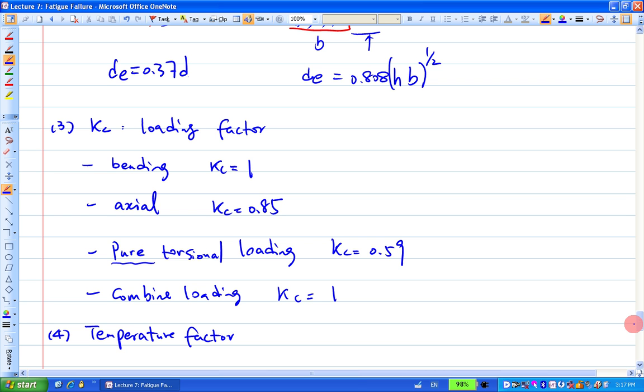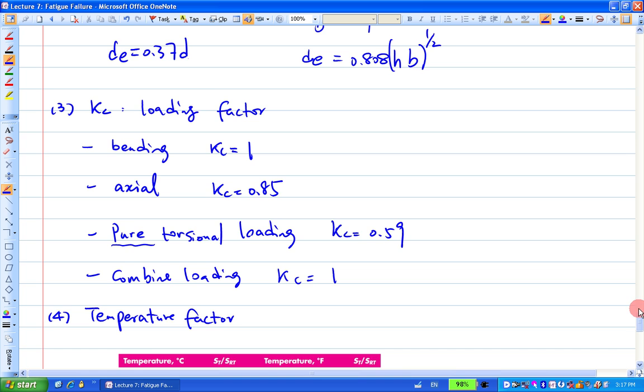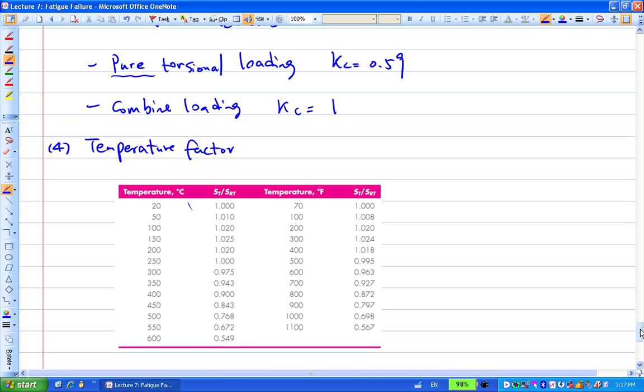For the temperature factor, Kd, you have to look up the table, which is Table 6-4. When you use this table, you have to be careful. There are two columns: one is degrees Celsius, the other is Fahrenheit.